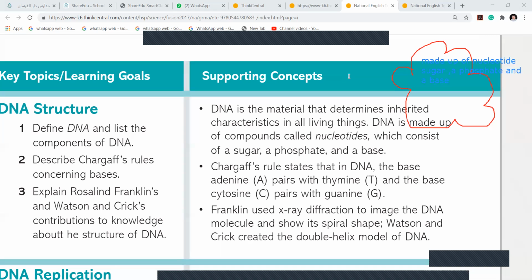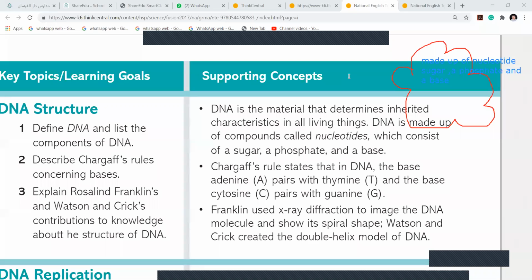Fatin, did you listen to it? Yes, miss. Malak? The definition, what is DNA? It is a material that gives the genetic characteristics. It is made up of nucleotides that consist of sugar, phosphate, and a base.